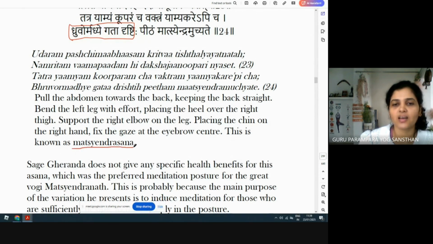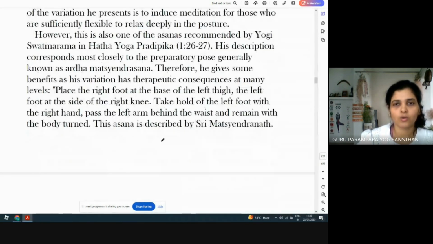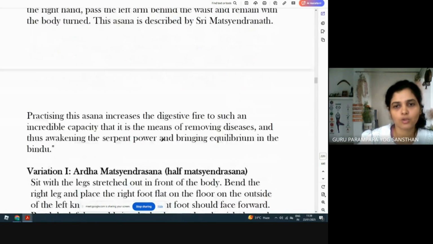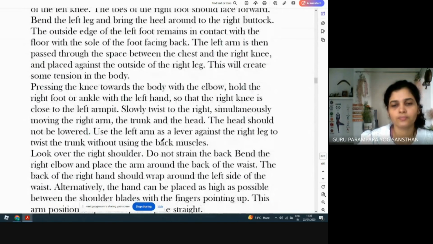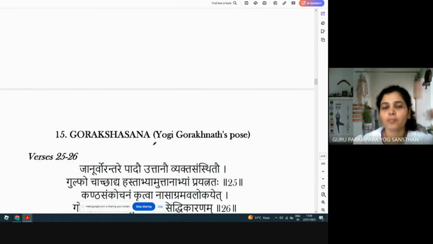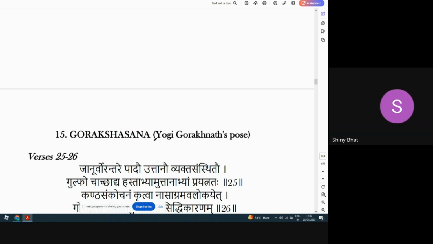The Purna Matsyendrasana, actually, we don't perform; we perform Ardha Matsyendrasana nowadays. Only advanced yogis do the full one. Anyone can tell me, in yoga therapy, this asana benefits which disease? Which disease can be removed by this asana? Very specific one. UTI? Diabetes.